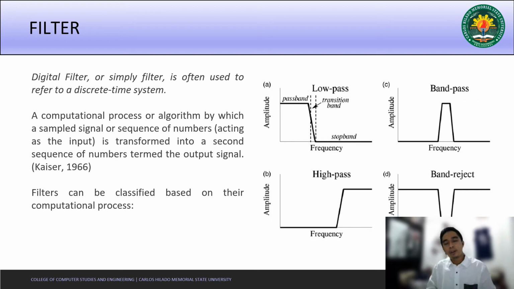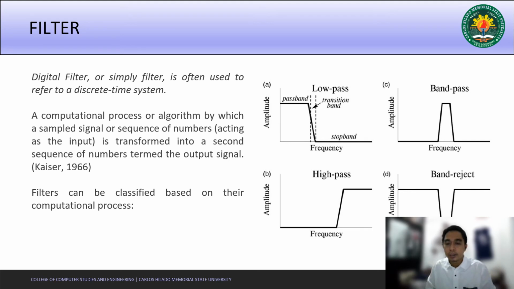So we could have the four basic filters. We have the low pass filter, based on the passband frequency, where you allow only low frequencies to pass through. We also have the high pass filter, so you don't allow lower frequencies to pass through, but you only allow high frequencies to go with your signal.